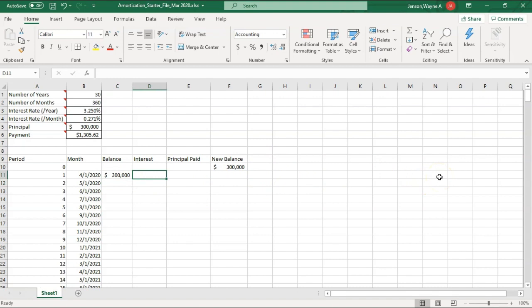So the amount of interest that we're going to pay is going to be this amount, the balance. So we're going to put an equal sign for our formula here. This amount here times the interest rate per month, which is in B4. Okay, and we want that to be an absolute reference.